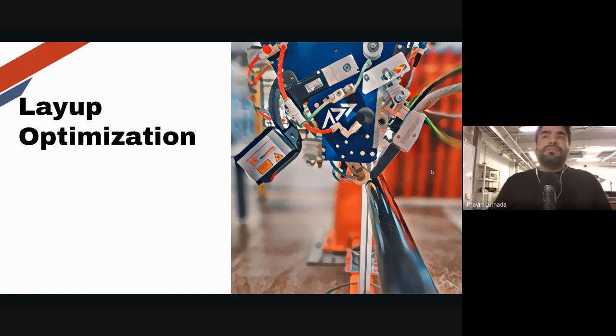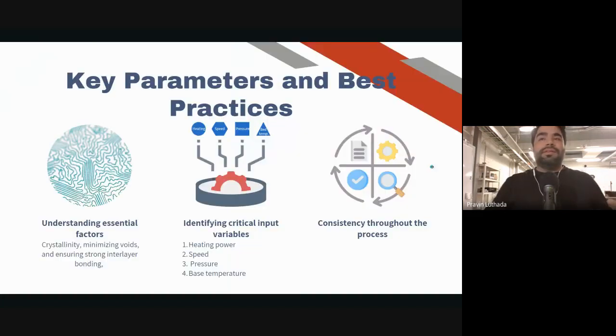These are basically nuggets that you just have to understand, that this is just the way it is. The key factor is crystallinity, which you want to achieve very well, and to minimize the voids.